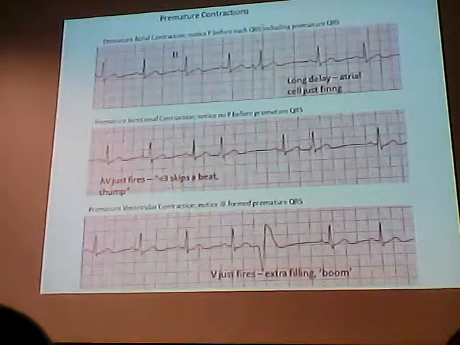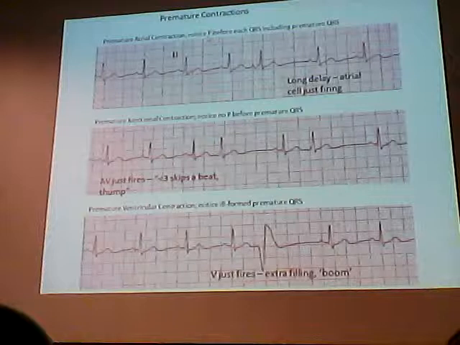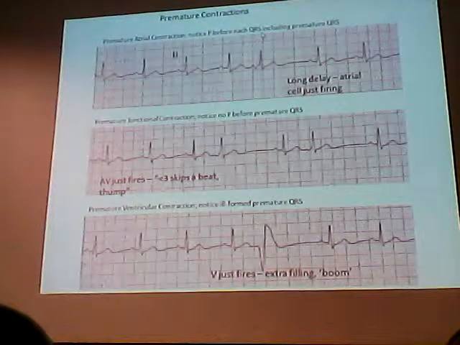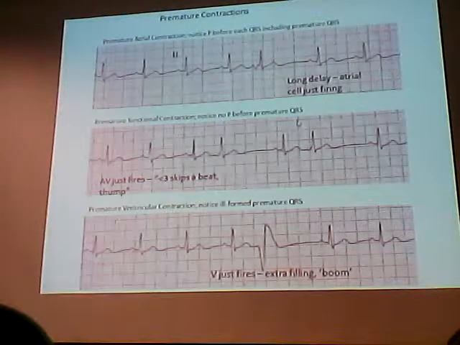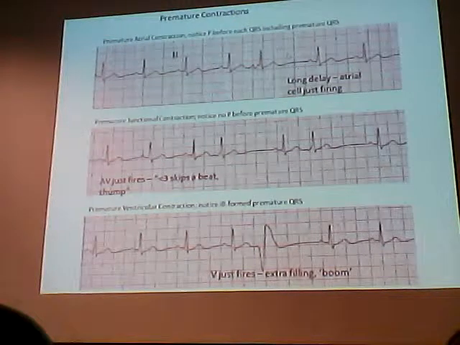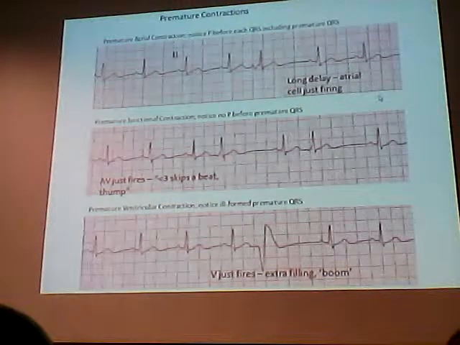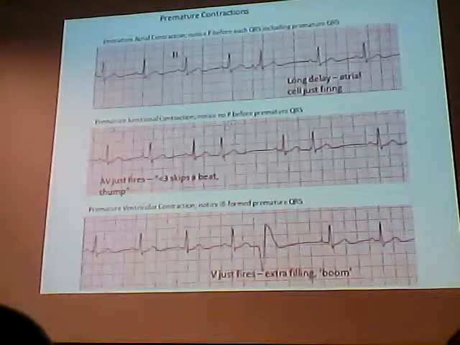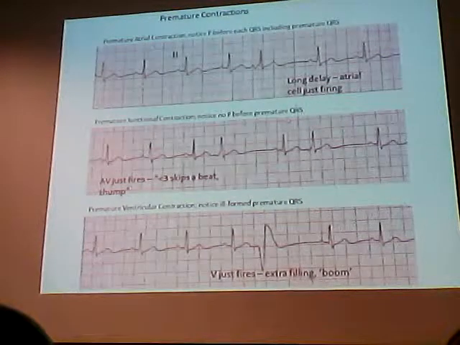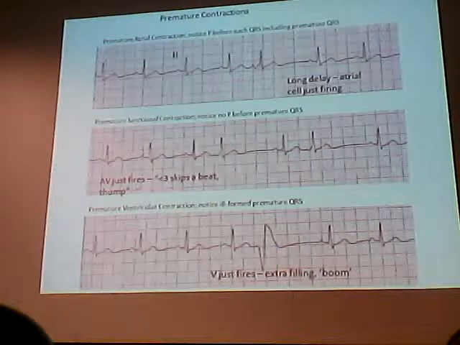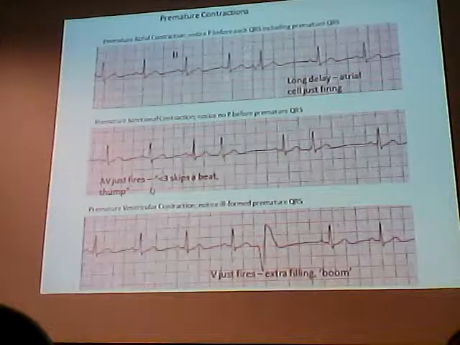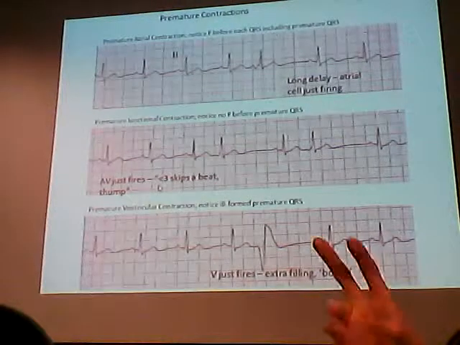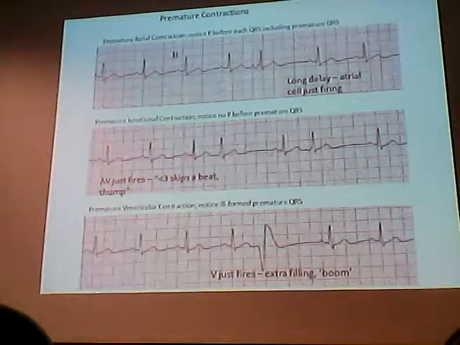Premature contractions, so this could be like, you see a P wave, and then you see a QRS that just kind of fires quickly, and then you'll see a long delay before the next time it fires. Premature junctional contraction, you don't notice a P wave before a premature QRS phase, so the AV is just firing, and it's almost like the heart skips a beat, a thumping kind of phenomenon.